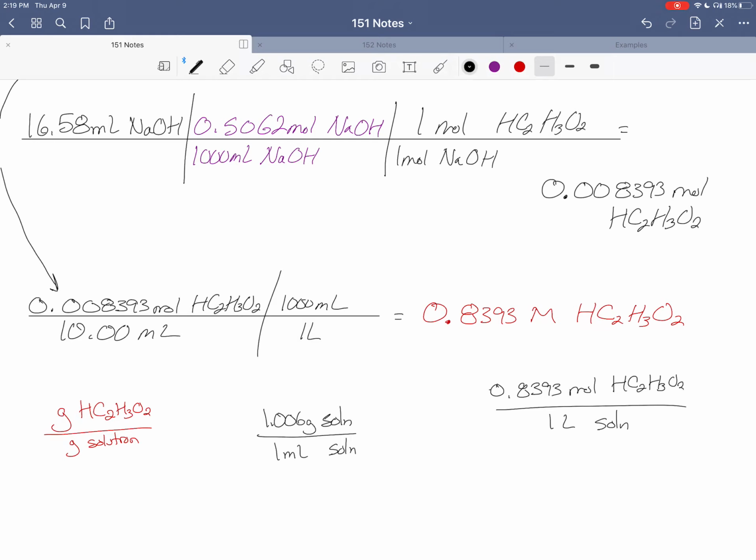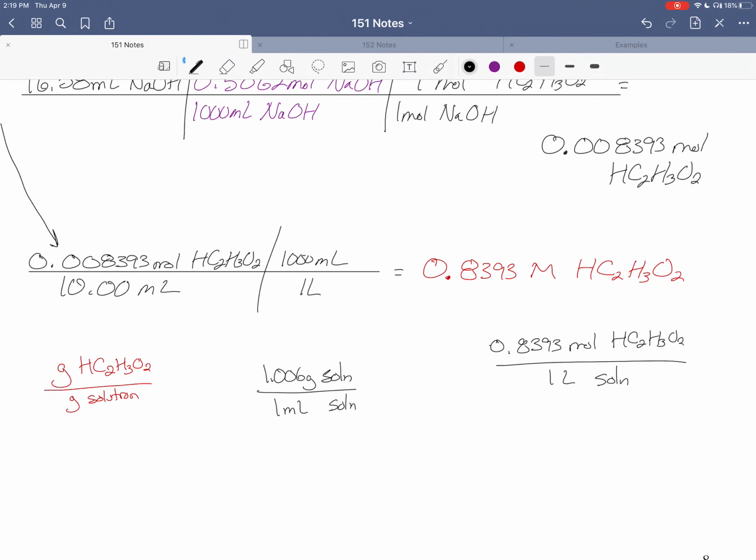So I can start with the density or I can start with the molarity. I think I'm going to start with the molarity. We're just going to do the same thing with them. So 0.8393 moles of HC2H3O2 per 1 liter of solution.